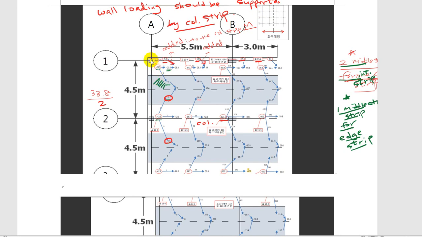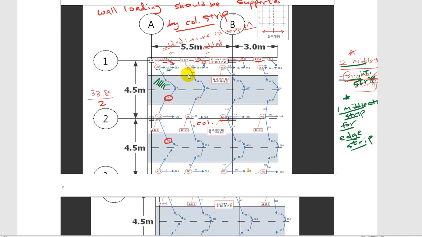But at the corner, we don't share the moment with middle strips when you don't have any edge beam. So I'm repeating so many times. Okay. And next moment in positive zone is 47.